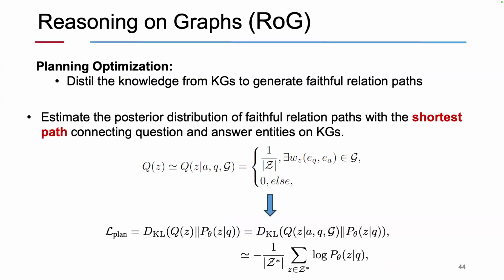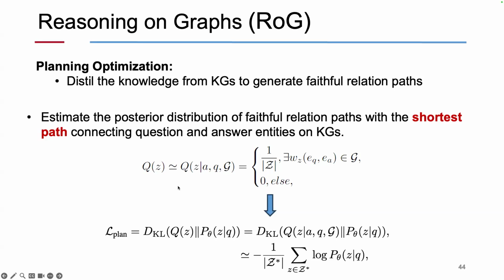So the first objective is planning optimization. Basically, we try to distill the relation information from the knowledge graph into the large language model so that it can generate a truthful, faithful relation path as a plan. It will generate relations that actually exist in the knowledge graph. To estimate the posterior distribution of these faithful plans, we utilize the shortest paths connecting the question and answer in our training data and in the knowledge graph.